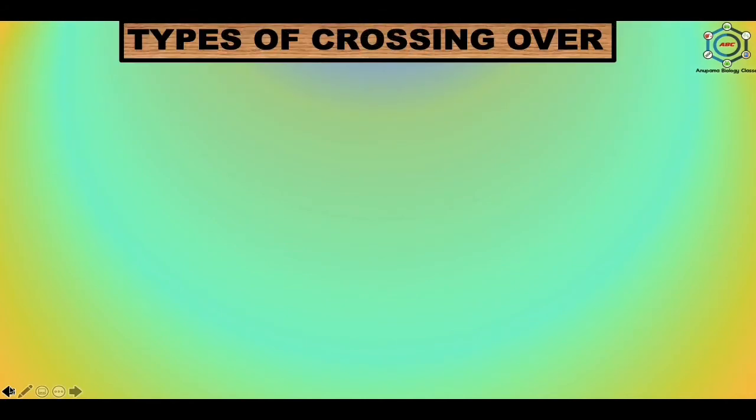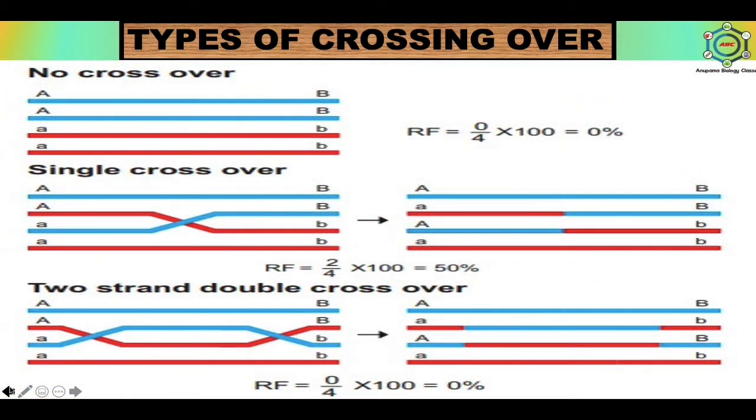Now, types of crossing over. So here you can see in the picture that according to the number of chiasmata of the homologous chromosome, crossing over is of the following types.